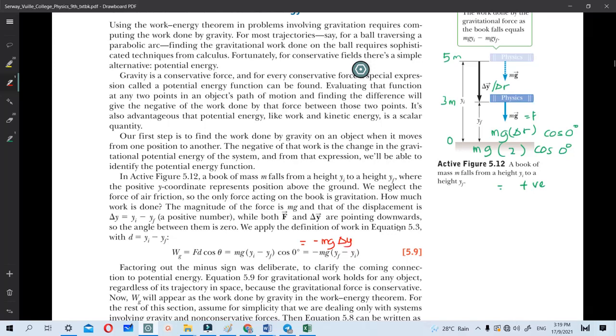Y final is 3 meter, initial is 5 meter. What do you see? You see that they ended with a positive answer, a positive times 2.